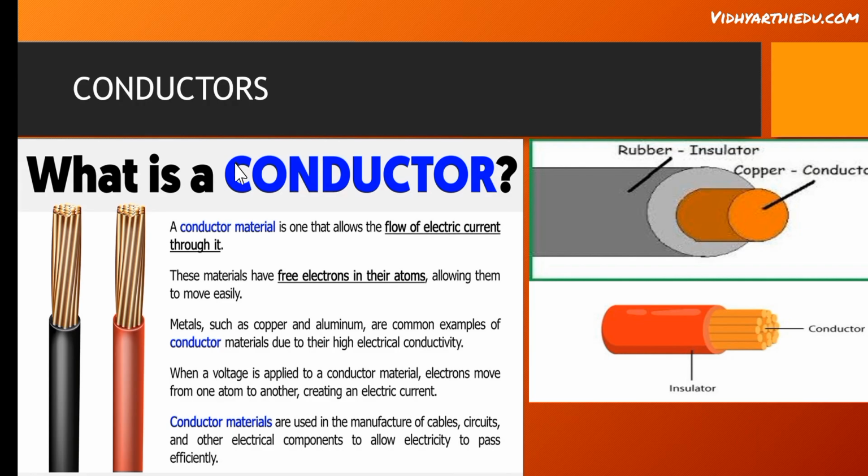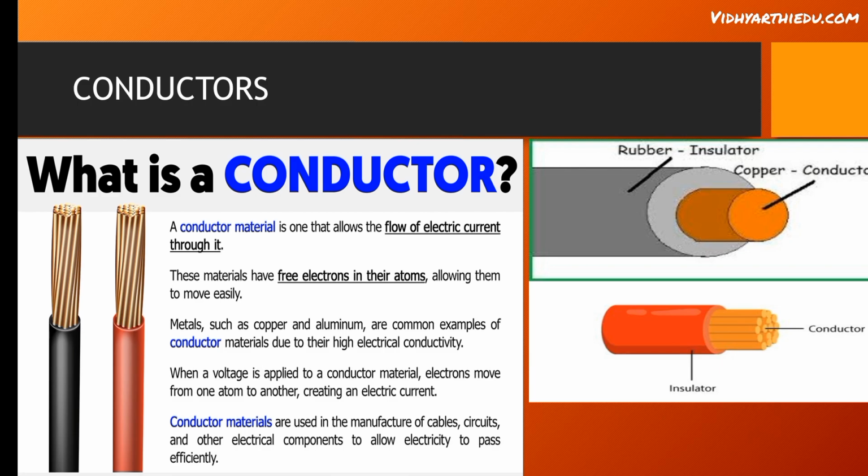Materials that allow the flow of current we call conductors. These materials have free electrons in their atoms, allowing the current to flow easily. So these conductors have free electrons in their atoms.